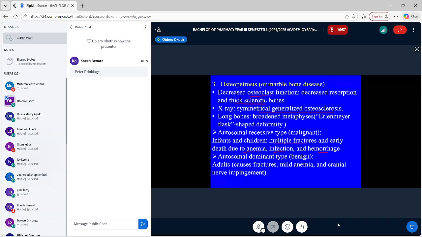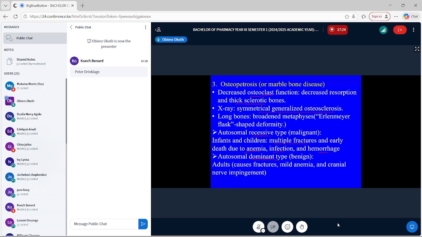They have some form of bone marrow failure. Basically, the bone marrow is not being formed. The bone marrow has been overtaken by thickened bone. This is the autosomal recessive type. This is the malignant type, meaning this is the most vicious. We can have an autosomal dominant type, which is a bit more benign.